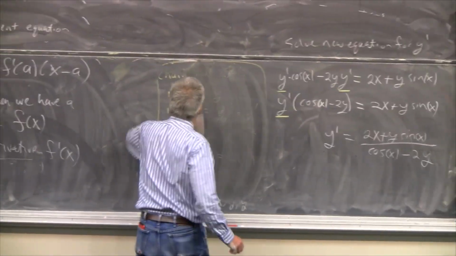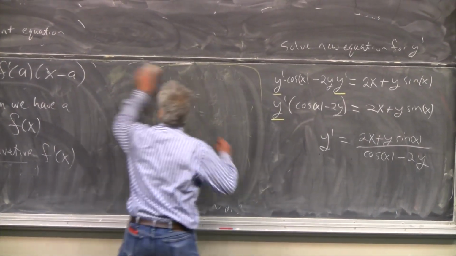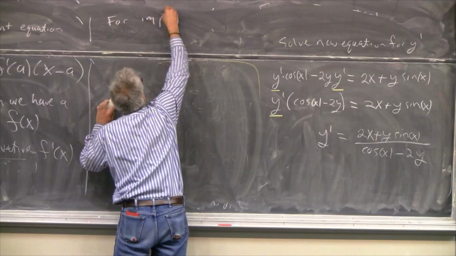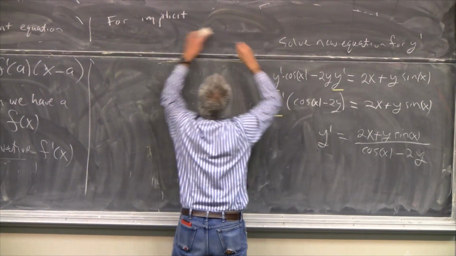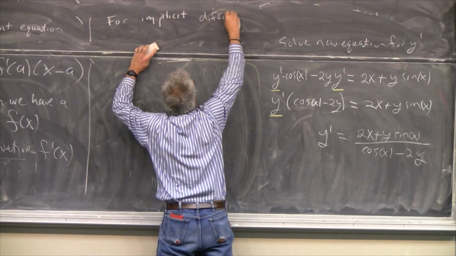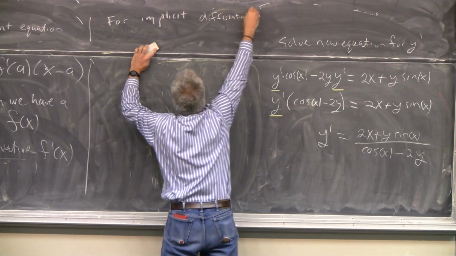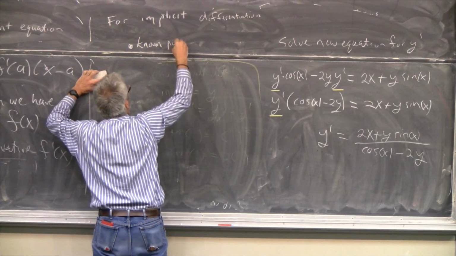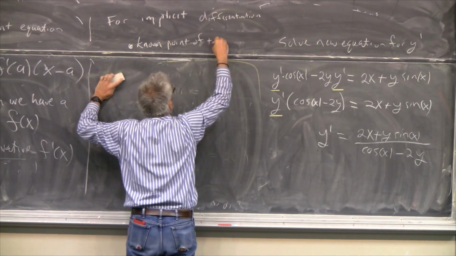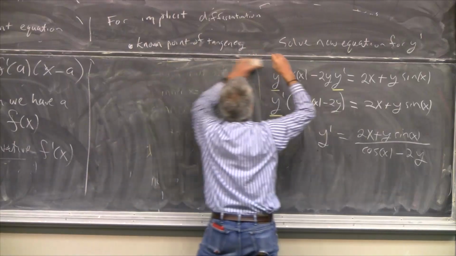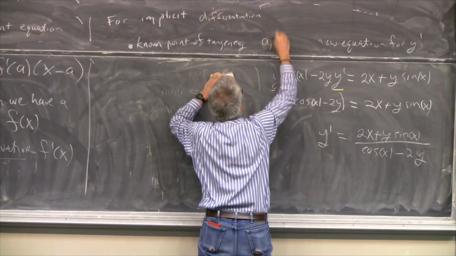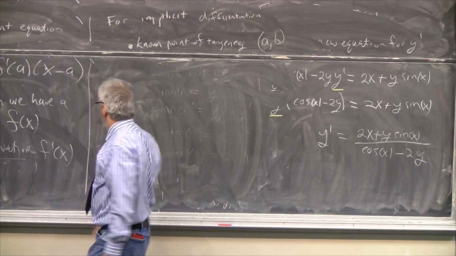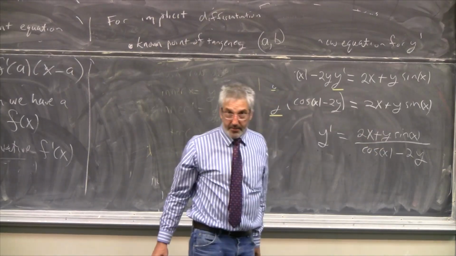So for implicit differentiation, we have a known point of tangency, and I'm going to use the letters A, comma, B. So our known point of tangency is -3, comma 3.